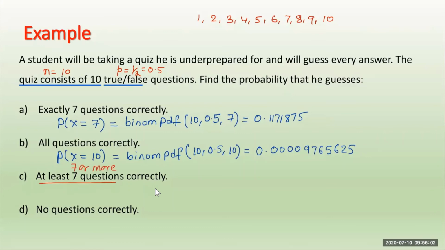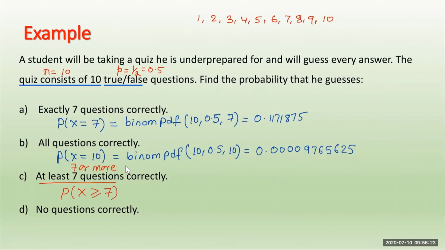Okay, at least means 7 or more. If it is at most, then it will be 7 or less. But this is at least, so this is 7 or more. So we write like this: probability that X is 7 or more, greater than or equal to 7. That is the meaning of that.